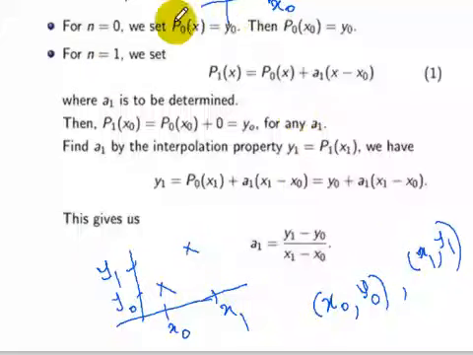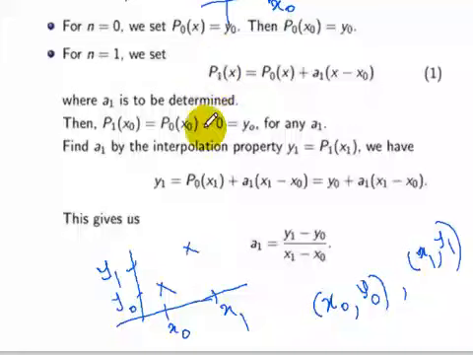Using this p0, we compute the interpolation polynomial that passes through these two points. That polynomial is denoted by p sub 1.